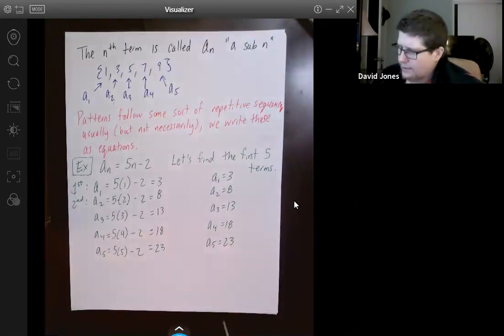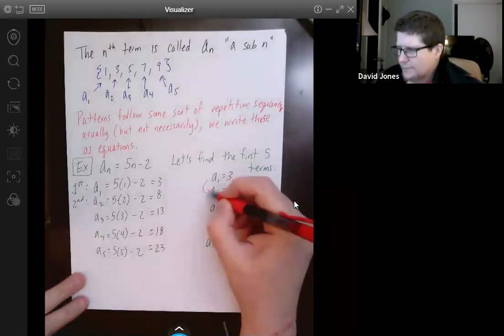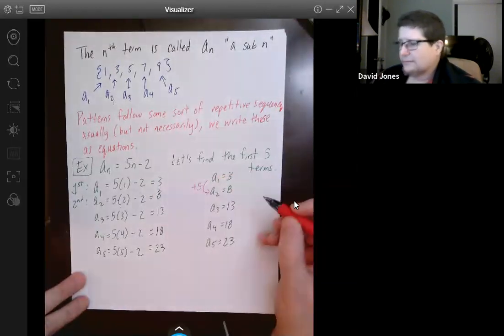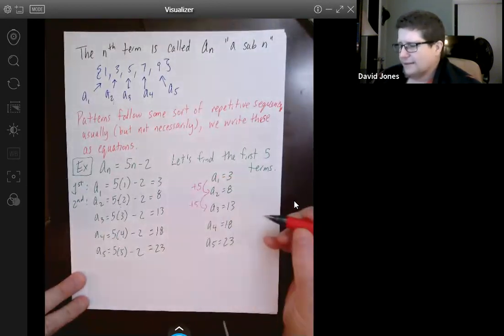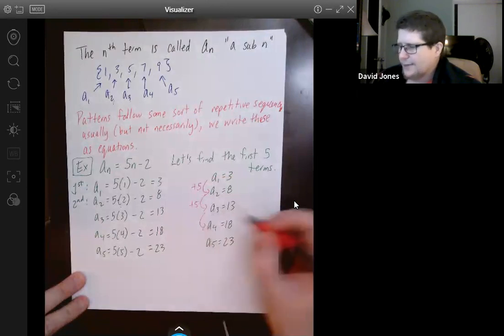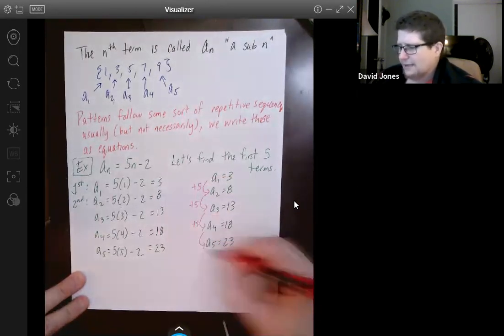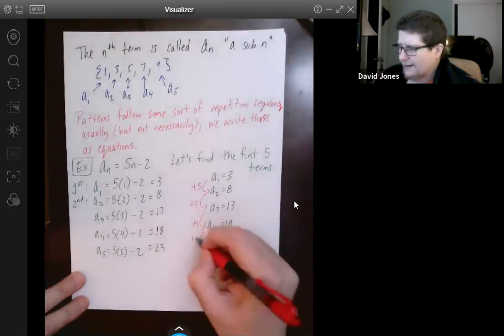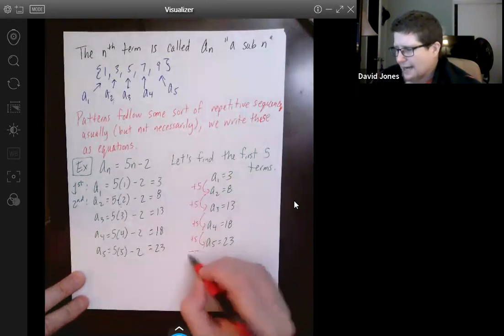You may notice to get from a sub 1 to a sub 2, I had to add 5. To get from a sub 2 to a sub 3, I had to add 5. A sub 3 to a sub 4, I had to add 5. A sub 4 to a sub 5, I had to add 5. And that's not a coincidence what we're adding.